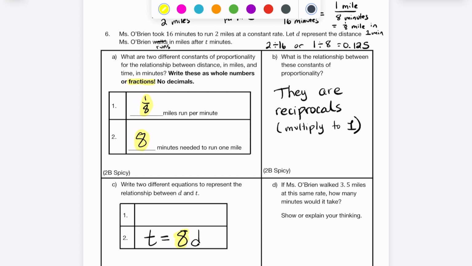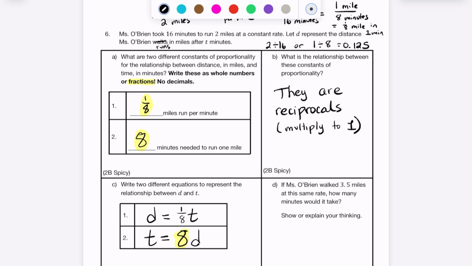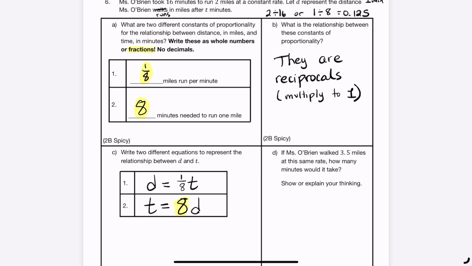Okay, if we do it the other way, if I want to figure out the distance and I'm told the time, so I'm told it's 16 minutes that she ran, and I want to figure out how many miles she ran, then I'm going to take that time and multiply by 1/8. Okay, this is the same as taking that time and dividing by 8. So those are both right.